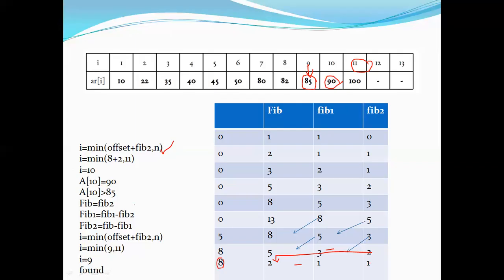If it is less than, this will be transferred here, this will be transferred here, and the minus will be calculated here. If it is greater than, fib2 will be transferred to fib1, fib1 is equal to fib1 minus fib2 will be calculated, and fib2 is equal to the minus of these two will be calculated. We need to remember this. Like that, every time we can calculate it.